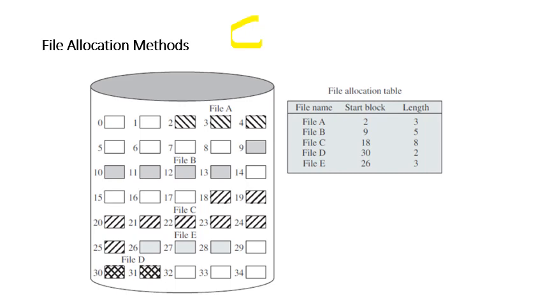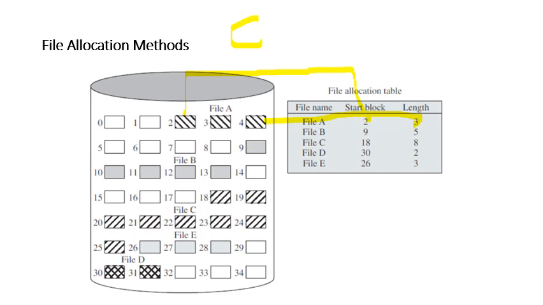File A's start block is 2, and the length is 3, meaning 3 blocks have been stored contiguously, so this is 1, 2 and 3, up to 4. These blocks are contiguously allocated to file A.